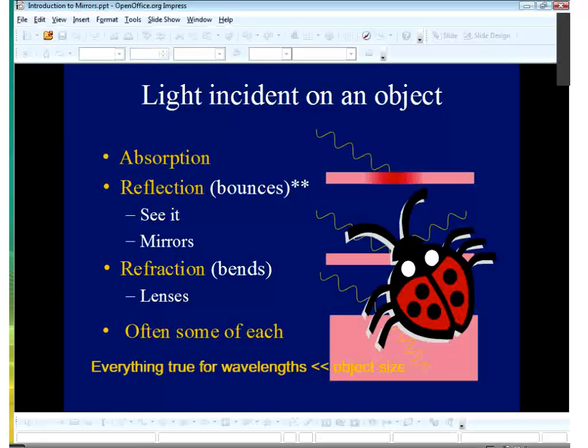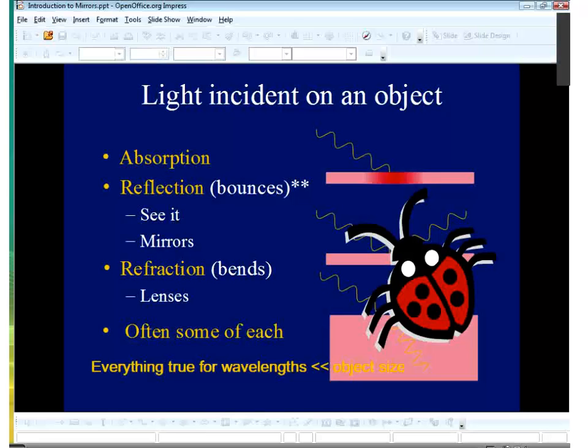In this topic on ray optics, we are going to discuss those situations where the object is much larger than the wavelength of light. Object is much larger than the wavelength of light.